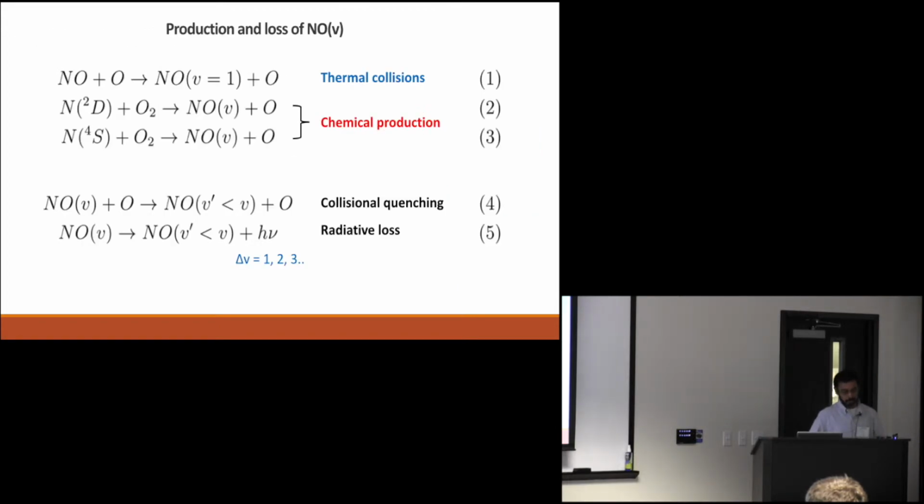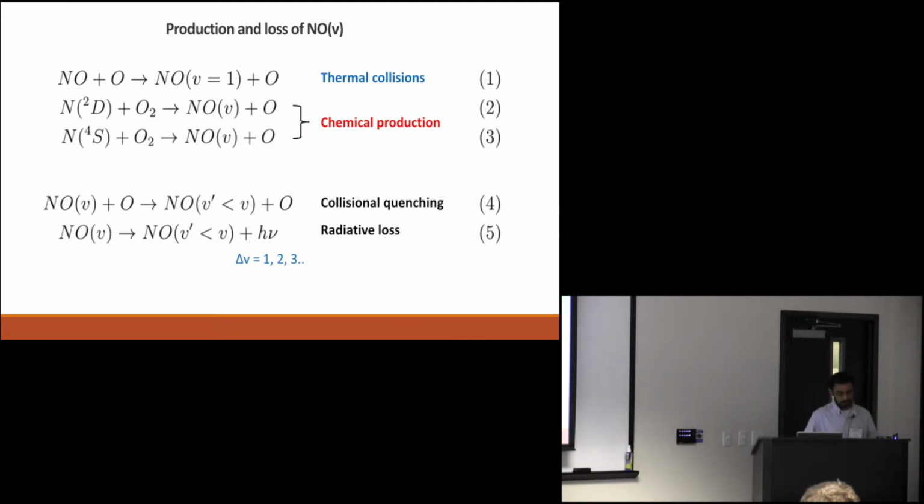Here are terms that I might be using in my talk. This is the dominant way vibrationally excited NO gets produced in the atmosphere. The way it removes energy is it extracts kinetic energy from the atomic O by collisions. It gets excited to v=1, the first vibrationally excited state in the ground electronic state. Then it emits that energy as a photon in the 5.3 micrometer region. But the aspect of emission that I'm focusing on is this chemical production.